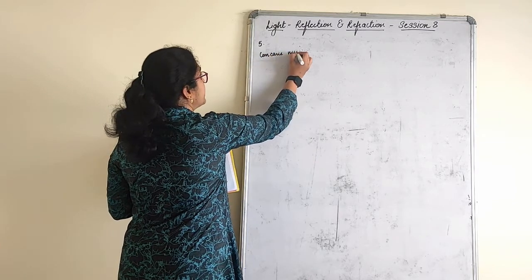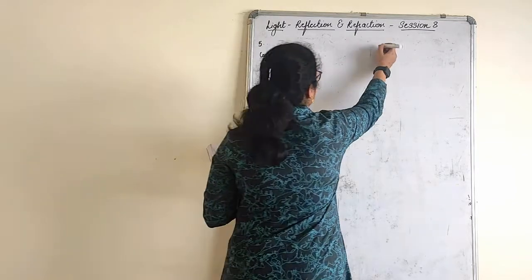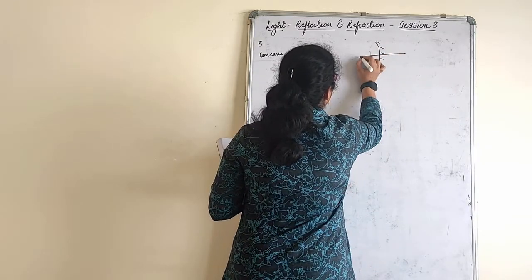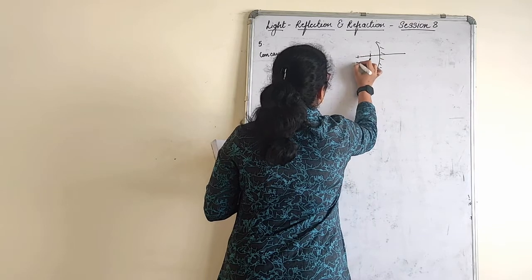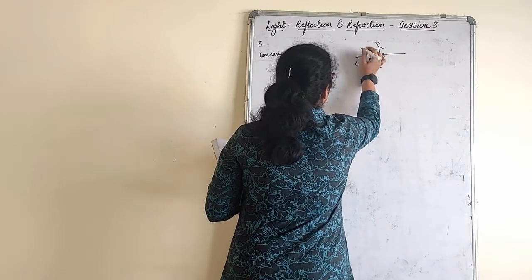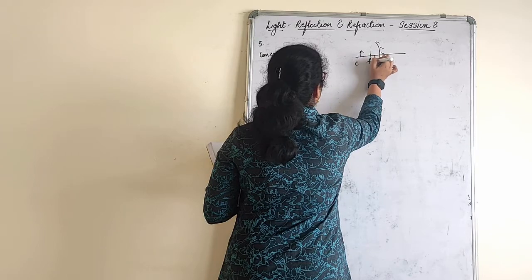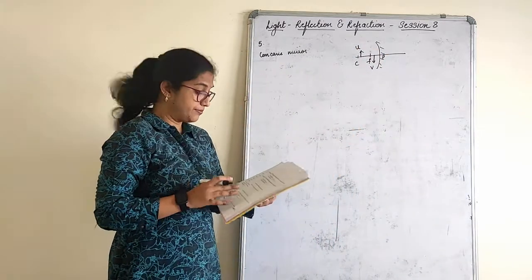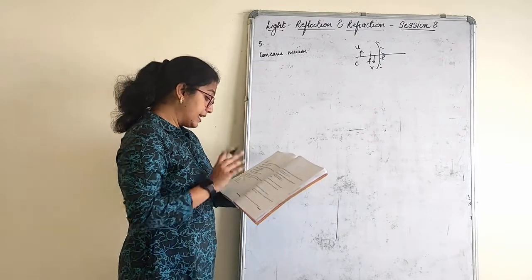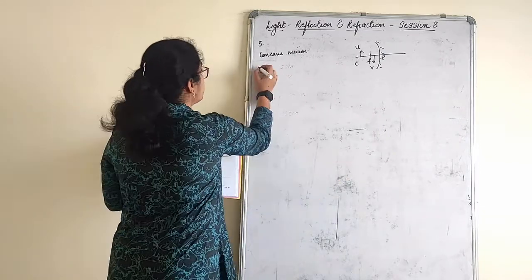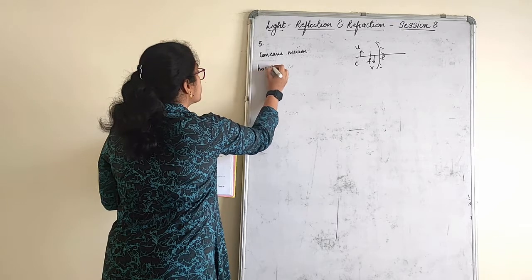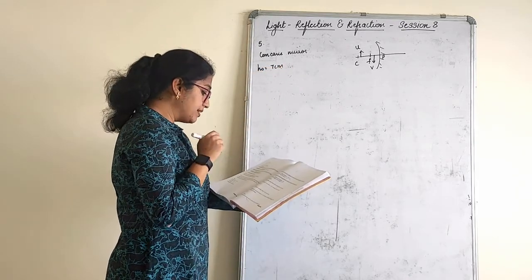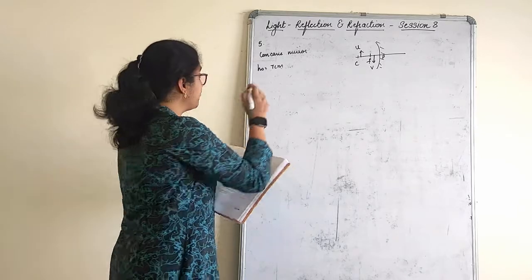Before we write anything, it's a concave mirror. So F, C, O. So you keep it here, you get it here. U, V. An object of size 7 cm is placed at 27 cm in front of a concave mirror.